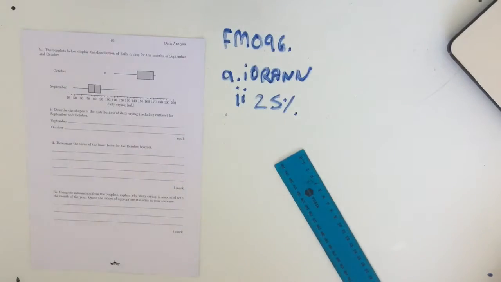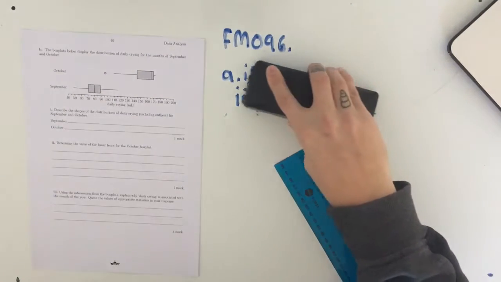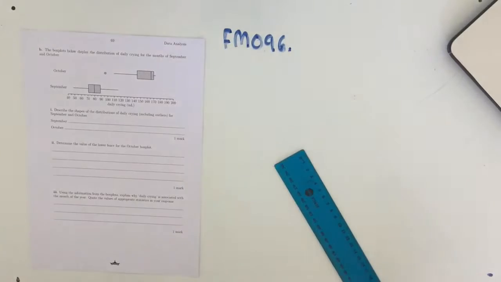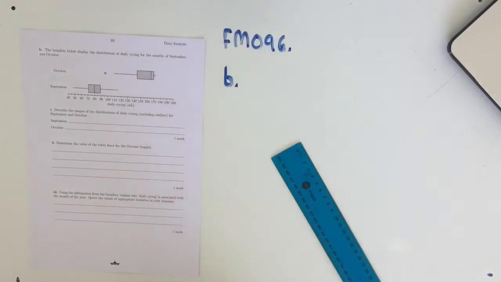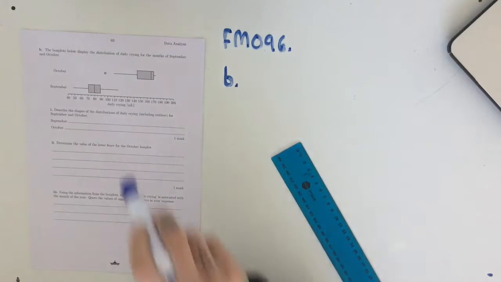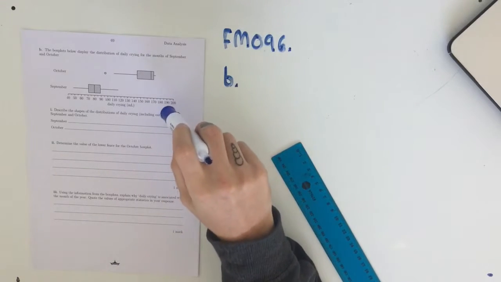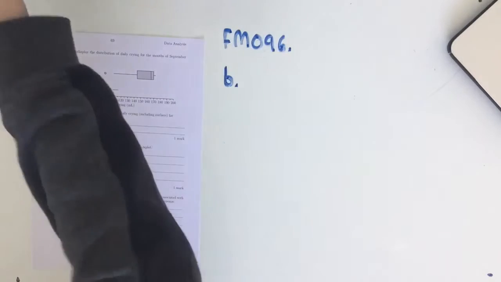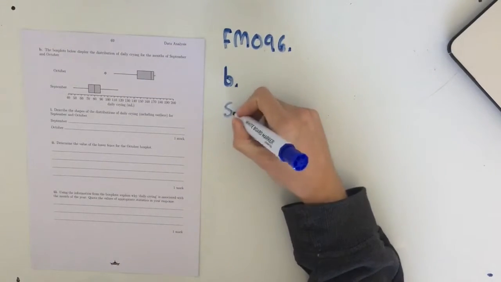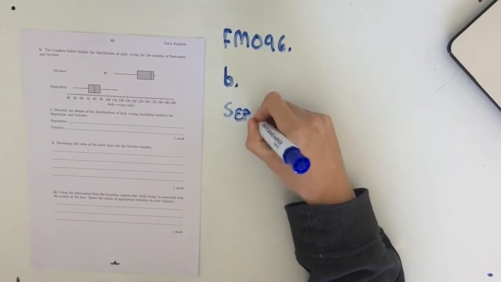So part B says the box plots below display the distribution of daily crying for the months September and October. So our last one gave us August, now we're looking at September and October. Describe the shapes of the distributions of daily crying, including outliers, for September and October. So for September, let's have a look here.